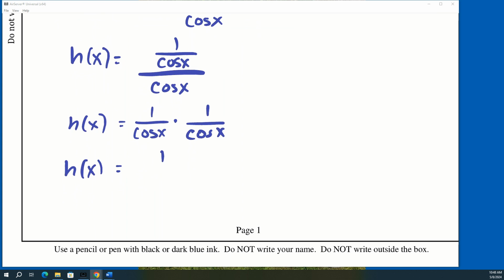Oh, I just heard cosine of x squared. So the cosine of x squared is in the denominator, 1 over cosine squared of x. And then what does that equal? Secant squared of x. Very nice.